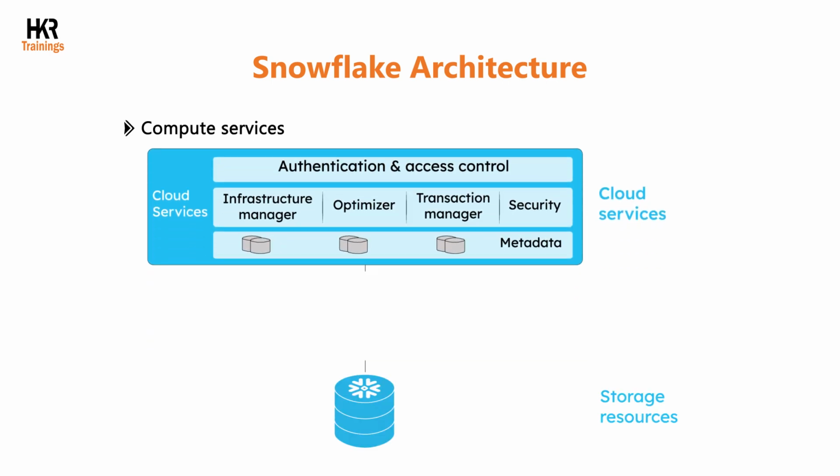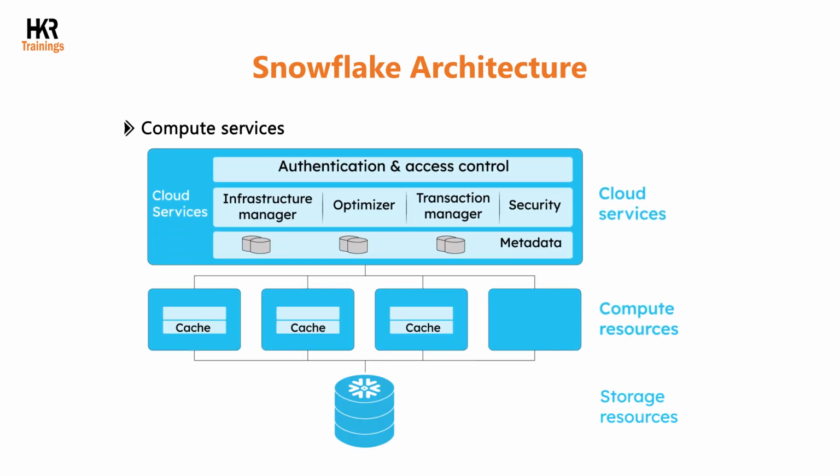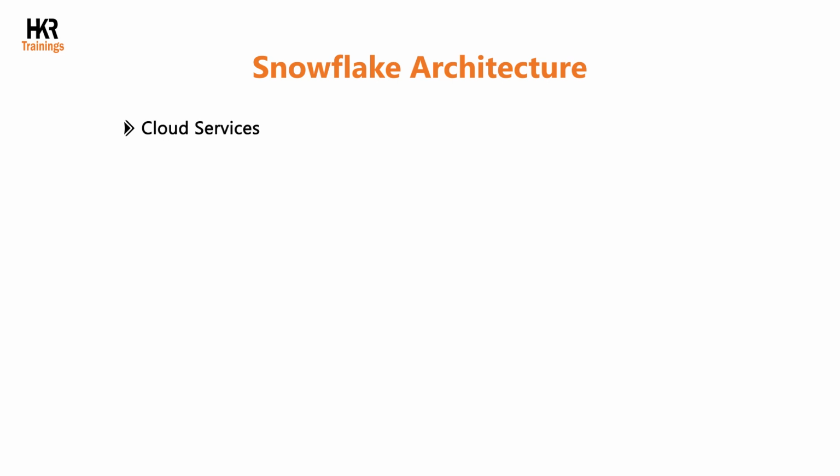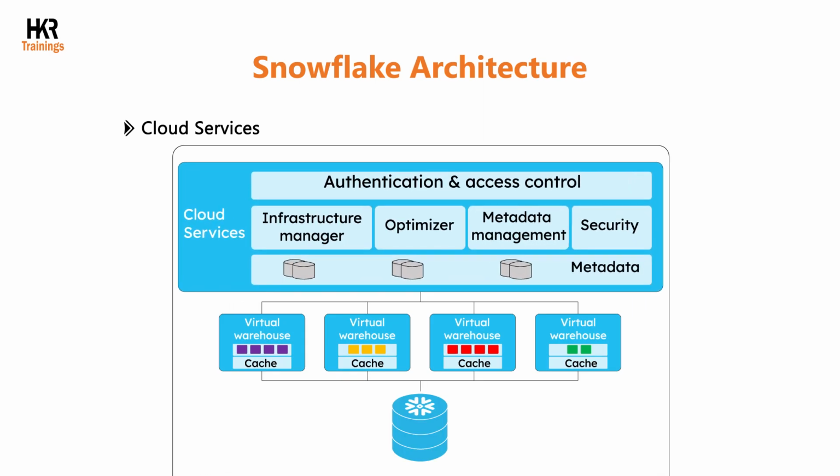The compute layer is completely separate from the storage layer, which allows for independent scaling of compute and storage resources. Cloud services. Snowflake includes a range of services that help manage and optimize the system, including a query optimizer, a metadata management service, and a security service.